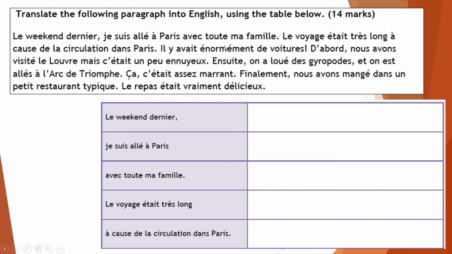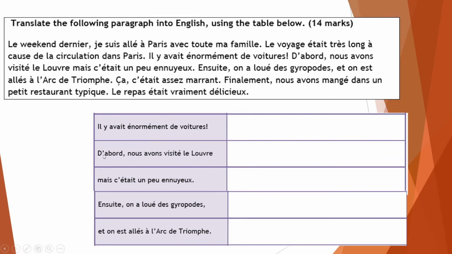So what else could I say? Like an enormous amount, or a massive amount, that sort of thing. And then hopefully you know what voiture is. So if you've got an enormous amount of cars, literally, what's that telling me about la circulation dans Paris? Okay, so have a go at those parts of that sentence based on the clues I've given you of what I could work out in my exam.